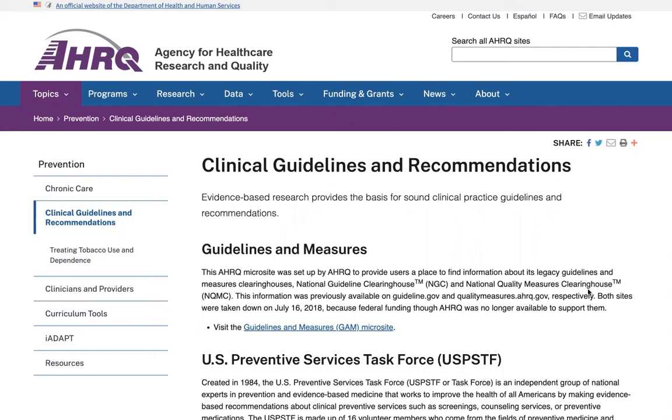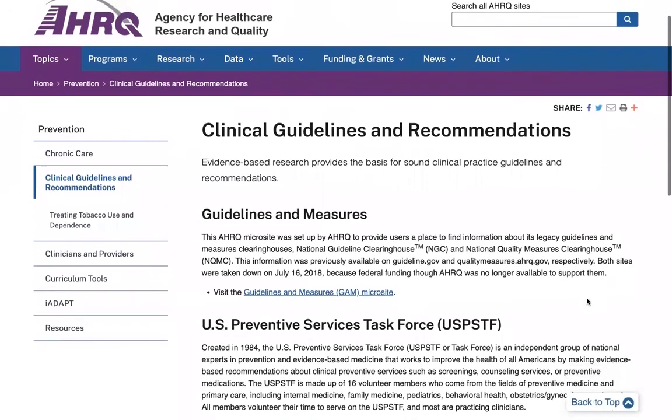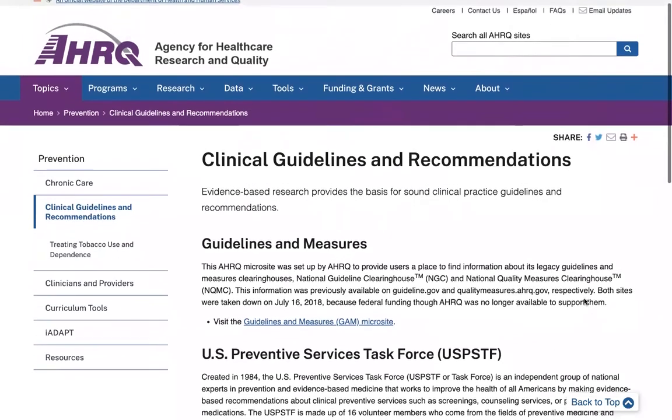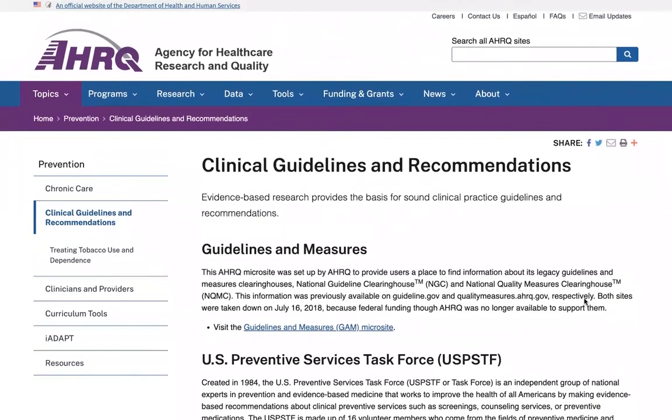So Google is your friend, guys. Please use it. But once again, be sure that you're going to a website that you can truly trust, and that these agencies are dependable.